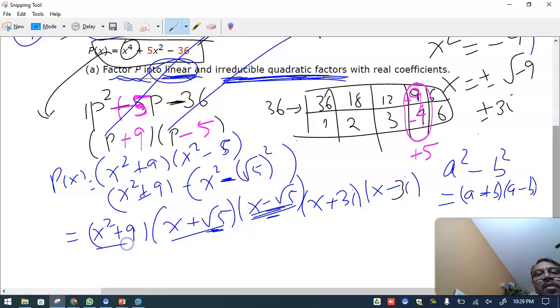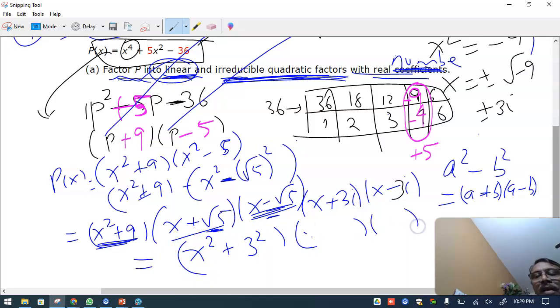But then they want us to write this with complex numbers, so factors with complex coefficients. How do I factorize this? Remember, we can write this as 3 squared. The other two are already factorized.